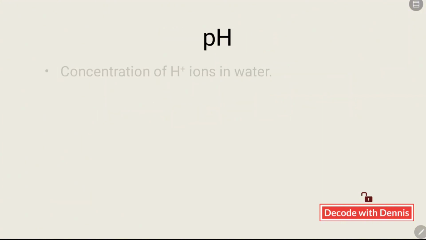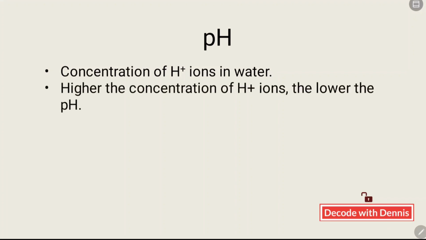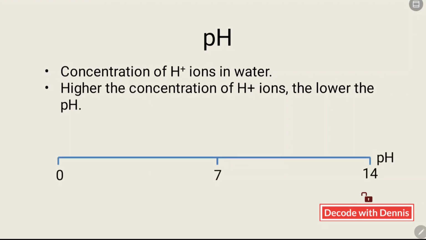pH actually measures the concentration of hydrogen ions in water. So generally, the higher the concentration of hydrogen ions in water, the lower the pH. And the pH scale ranges from 0 to 14.